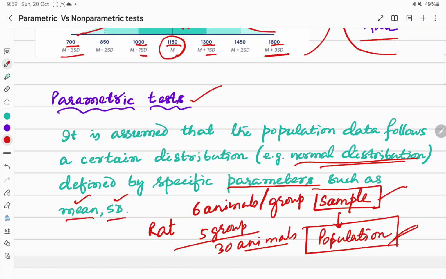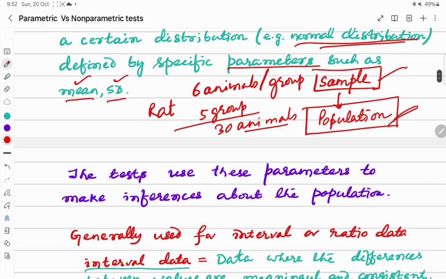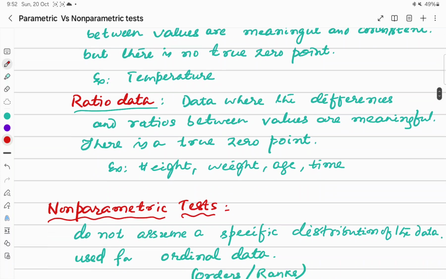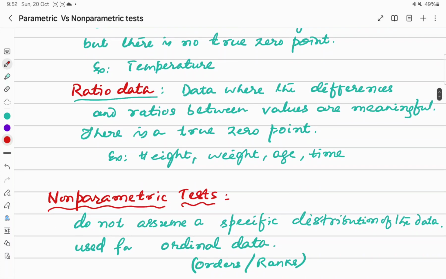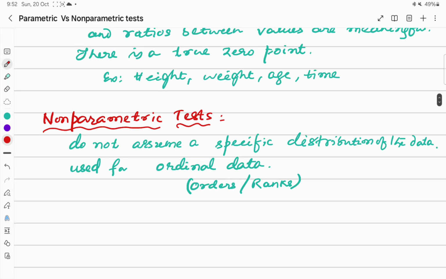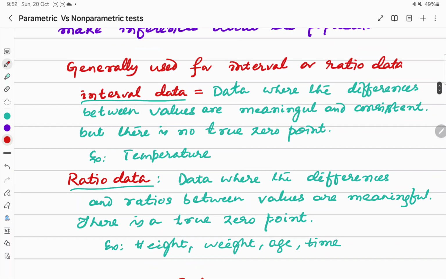And if the parameters are not used, then we call them non-parametric tests. So we do not assume a specific distribution of the data, and mostly it is used for ordinal data in case of non-parametric tests.